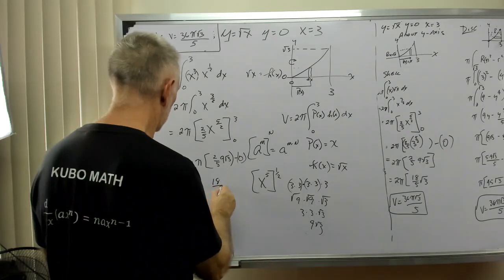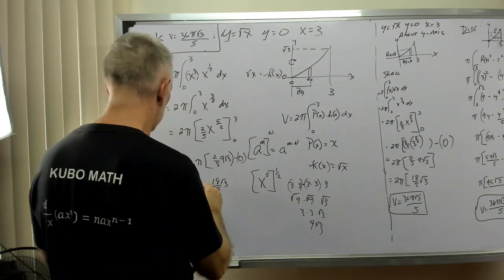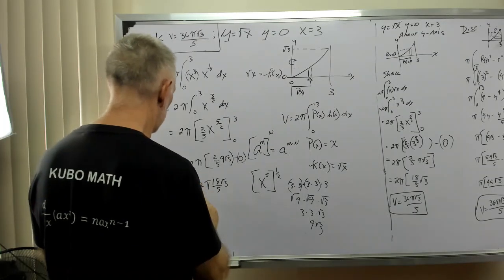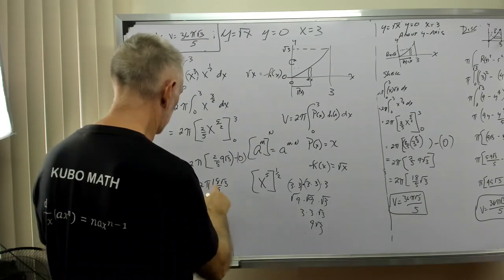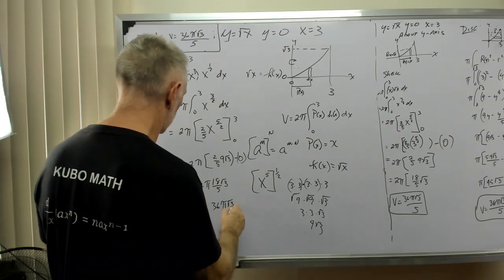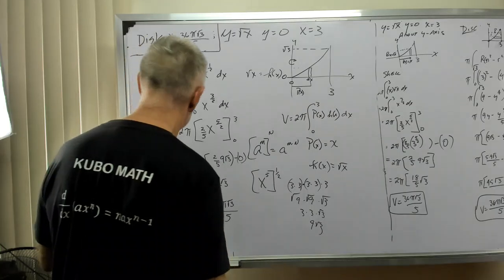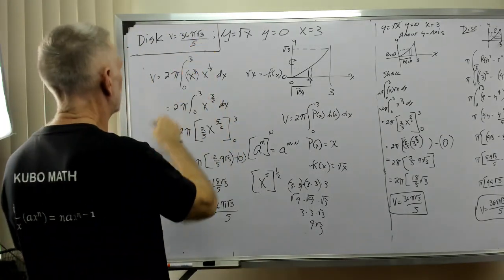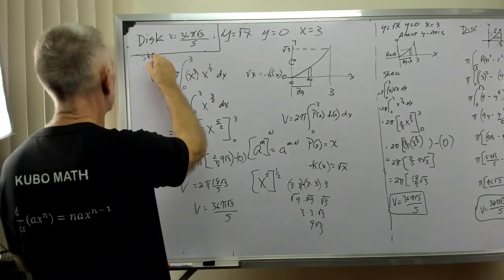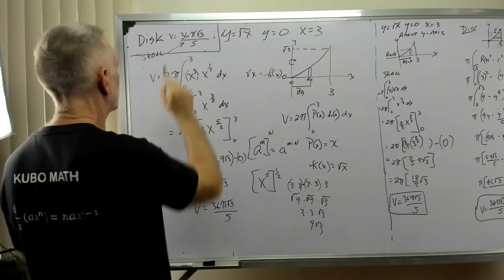I have 18 over 5 square root 3 times 2 pi. And that's going to be my volume. My volume equals 2 times 18 is 36 pi square root 3 over 5. 36 pi square root 3 over 5. So disk and the shell both give me that value.